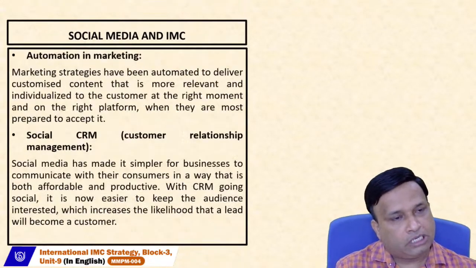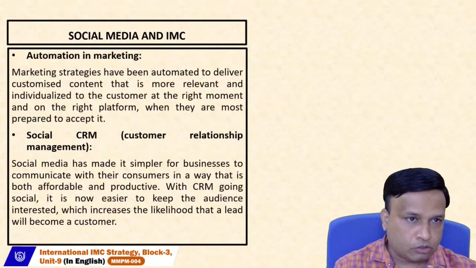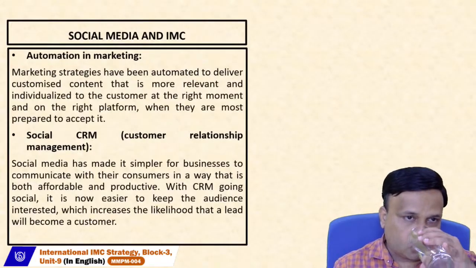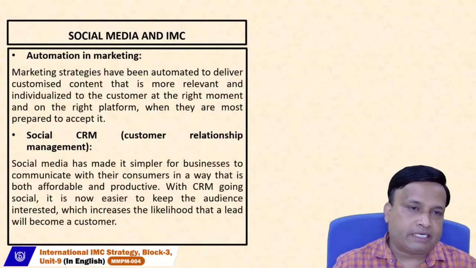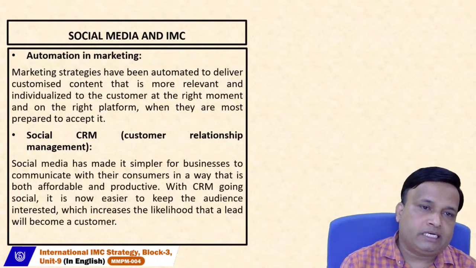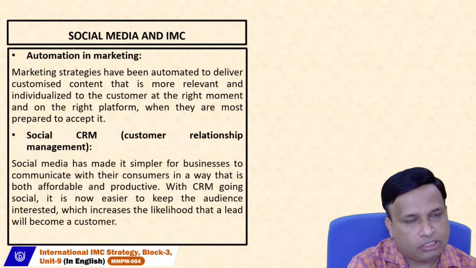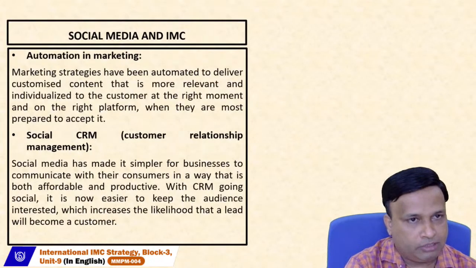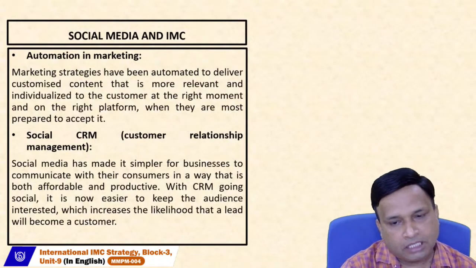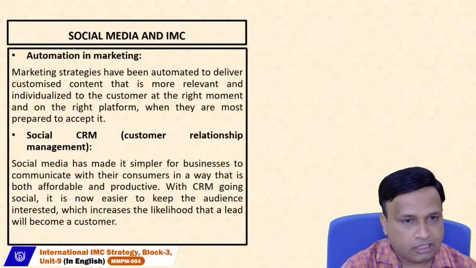Then next we talk about social media and IMC, and automation in marketing. Already we talked about that marketing is tracking all your activities. Social media marketing is tracking all your marketing activities, and they also customize their offering as per the requirements of the customers.